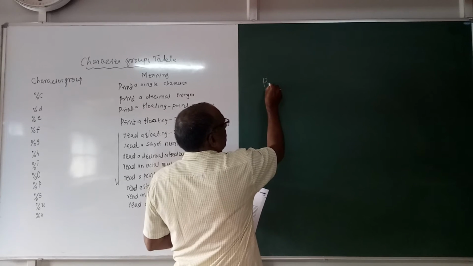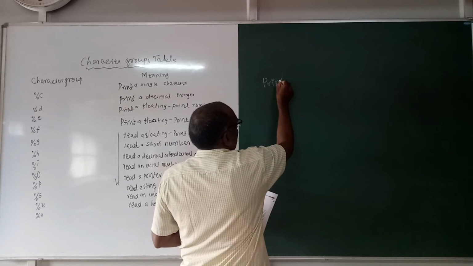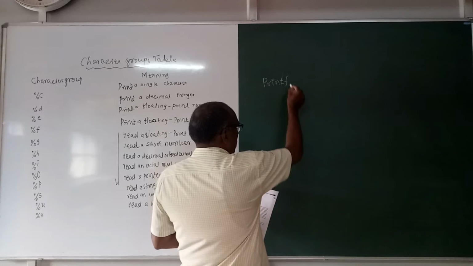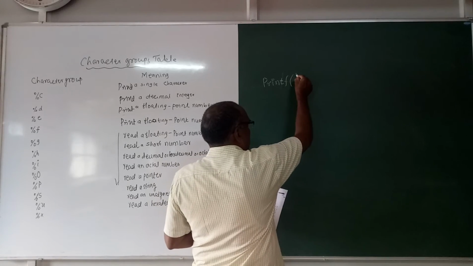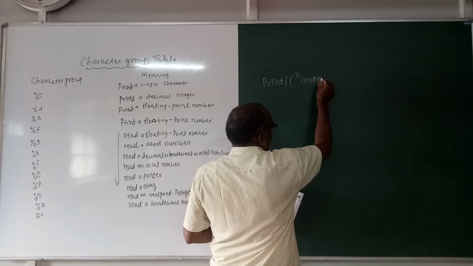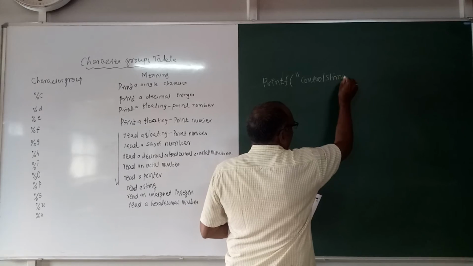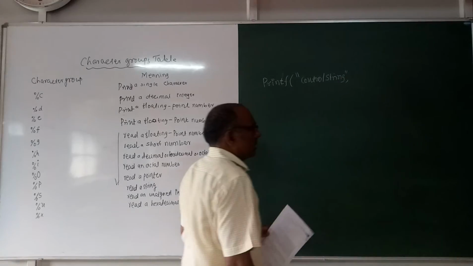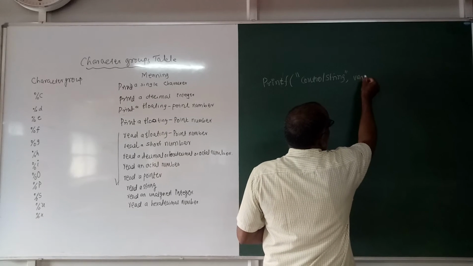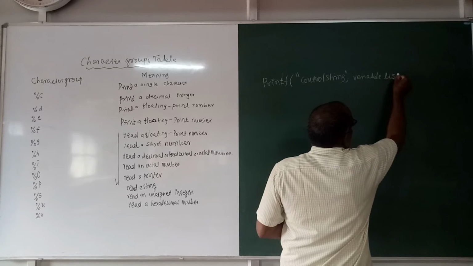Print, printf, where f is for function, and this is the general format: the control string, which should be written in double quotes, separated by a comma, and then the variable list.